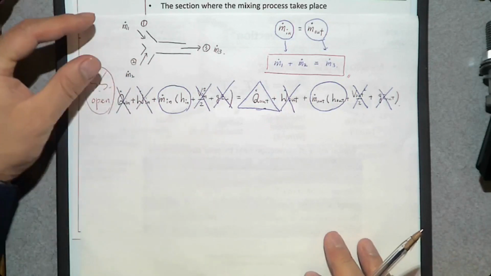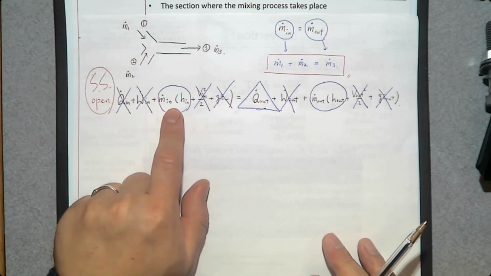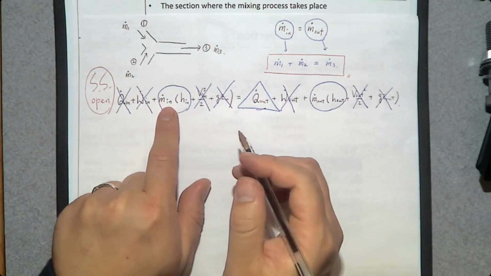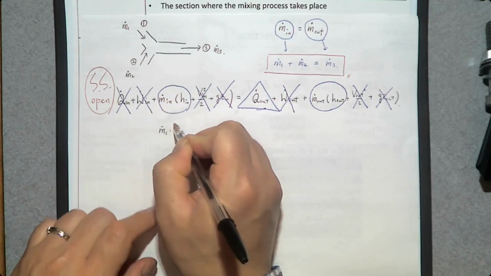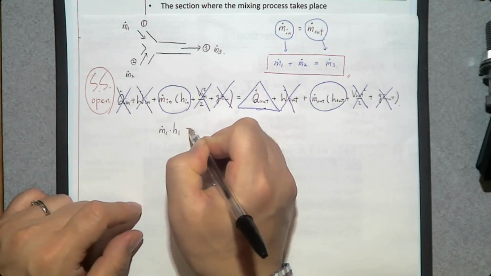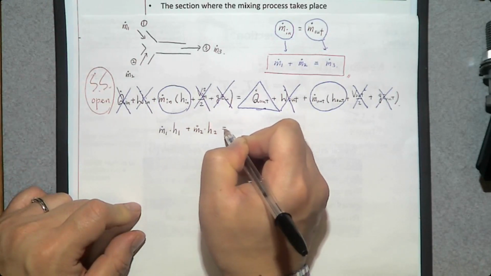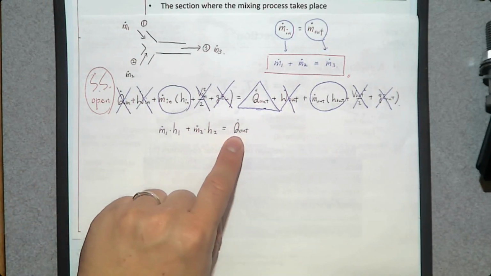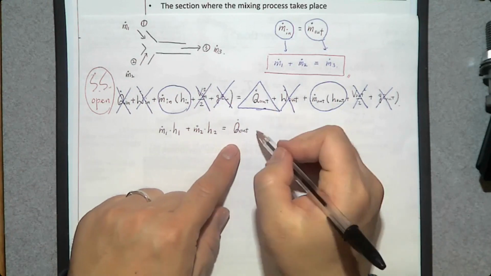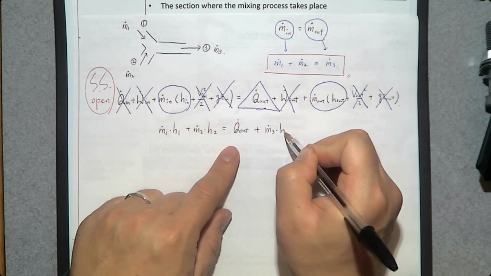In this problem, we have two inlets, 1 and 2, so the rate of enthalpy is going to be m dot 1 times h1, plus m dot 2 times h2, equals Q dot out, this rate of heat loss being case by case, plus exit number 3, m dot 3 h3.